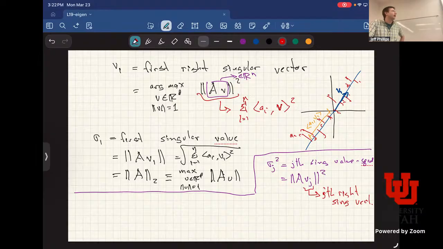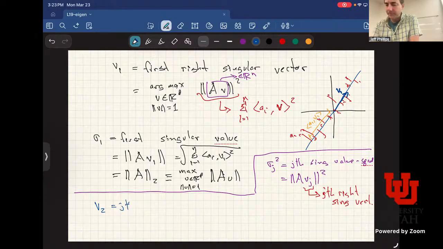But I haven't explained how I get this. The first one was defined as the one that maximizes this variance. In general, let me look at V2, and V_j will be similar.